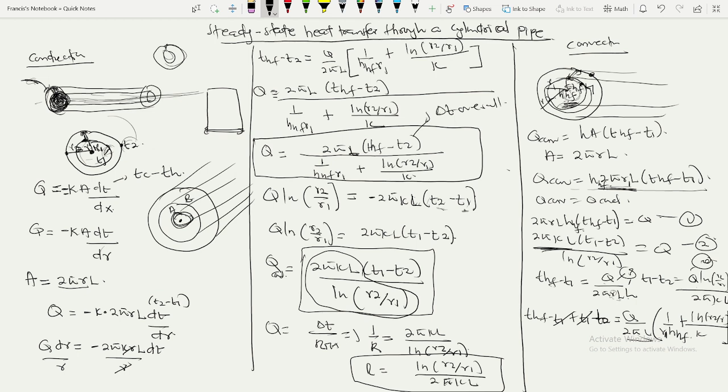And then a hot fluid is made to flow through. When the fluid is flowing through, it's going to transfer heat to the inner wall of pipe A, and that will be by convection, and that's this portion of it. And then when the inner portion of pipe A gets heated, it's also going to transfer heat to the outer of the same pipe A, and that is ruled by conduction, and that's for this portion.